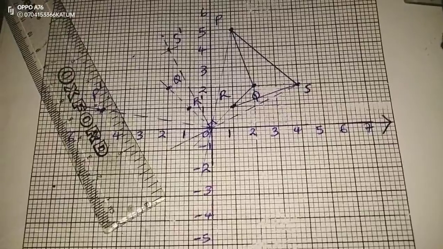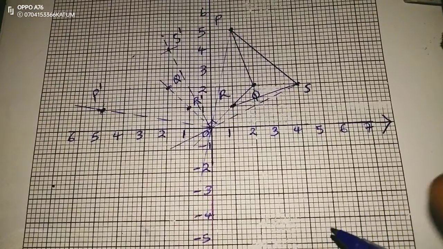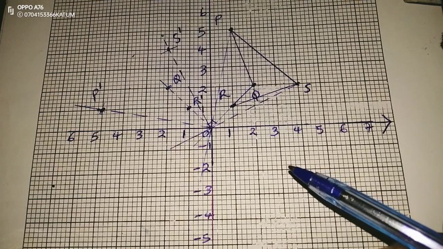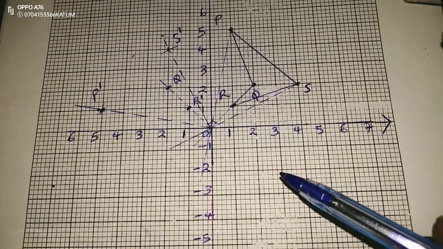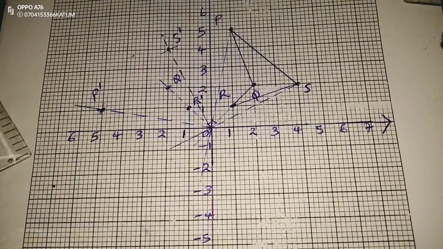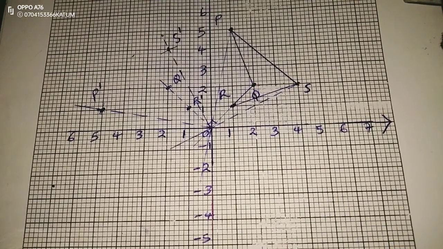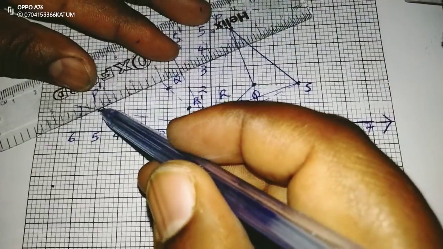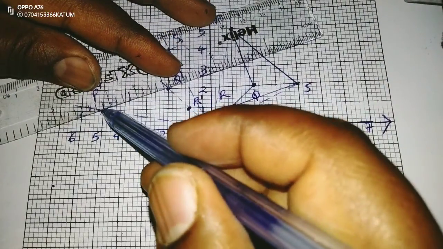Basically, to rotate is to connect a point to the center, and we measure the desired angle in the desired direction, 90 degrees in the anti-clockwise direction. Now that I have done so for all the points, I can join them. PQ, so I join P and Q. Remember, we don't just join any points.